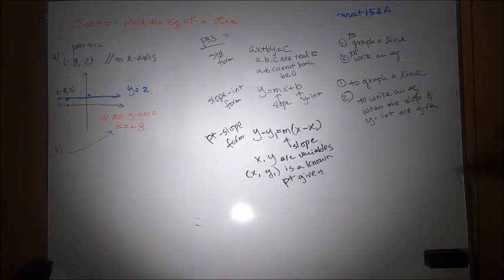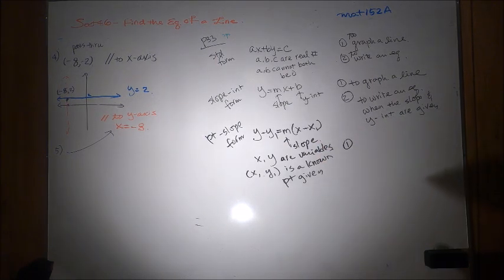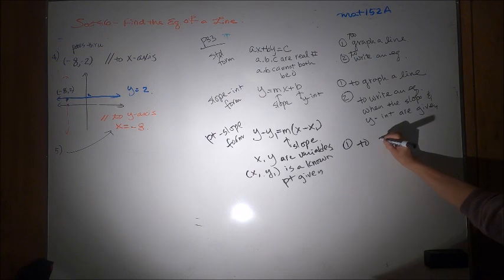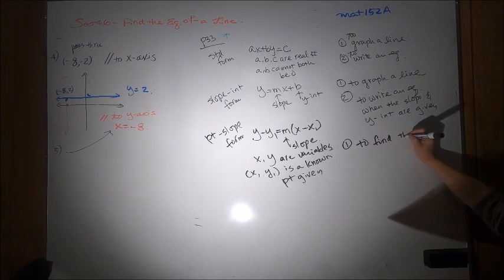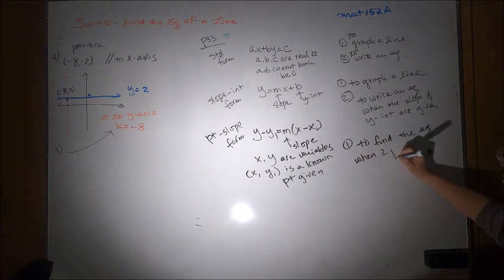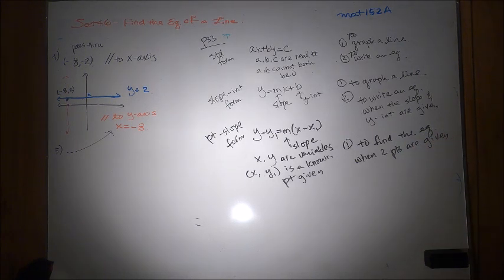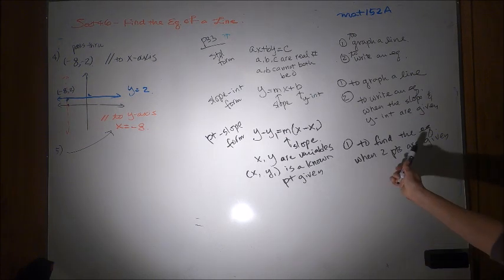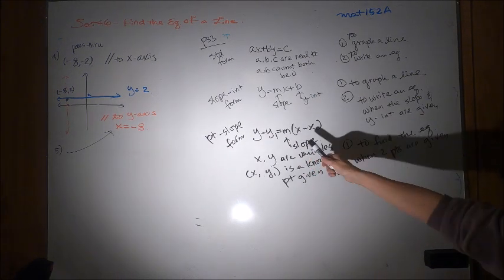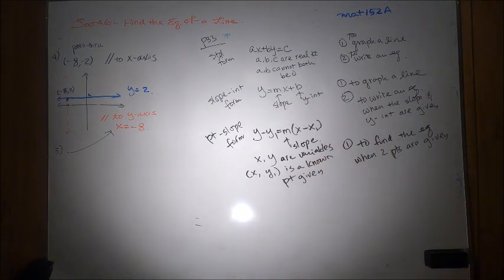Then you can just plug it in. How do we use it? We use this to find the equation when you have 2 points given. We just did that, right? Find the slope with the 2 points given, then use one of the points to plug in and write the equation, right?